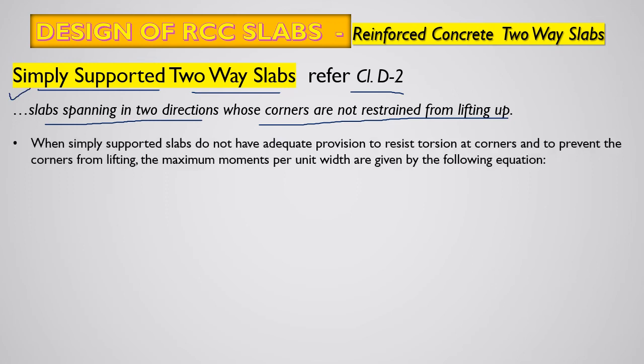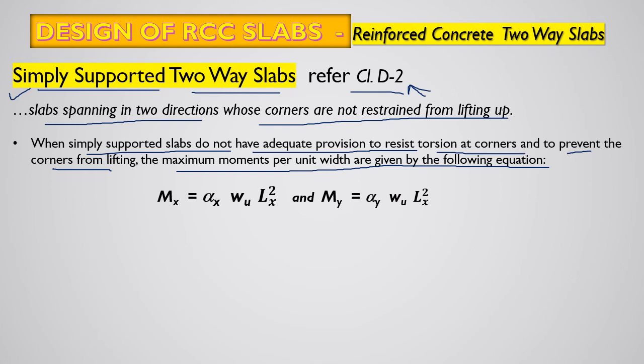And when simply supported slabs do not have any adequate provision to resist torsion at the corner and to prevent the corner from lifting, then how to calculate the bending moment? The bending moment per unit width can be calculated by the equation given in clause D2.